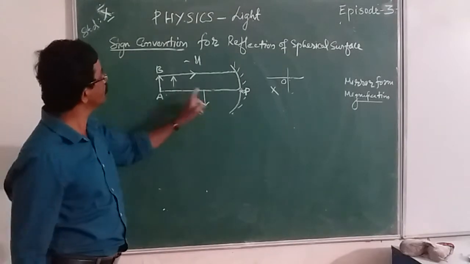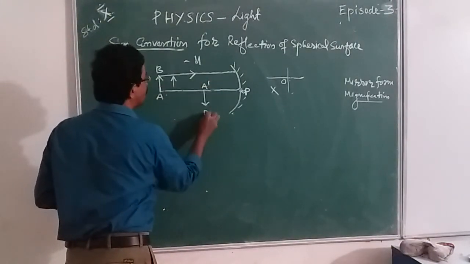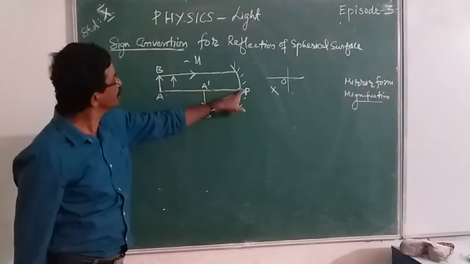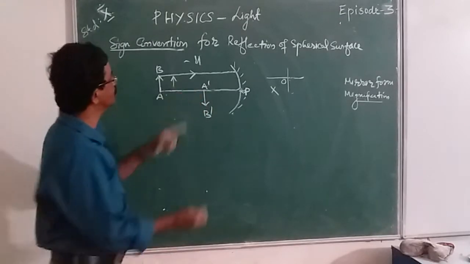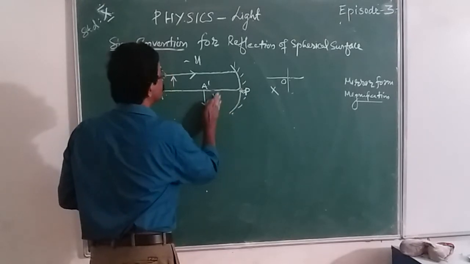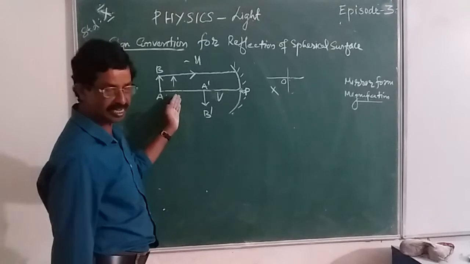And this is the image A dash B dash of the object AB. The distance from the pole to the image we represent with the letter V, and here also it is negative.